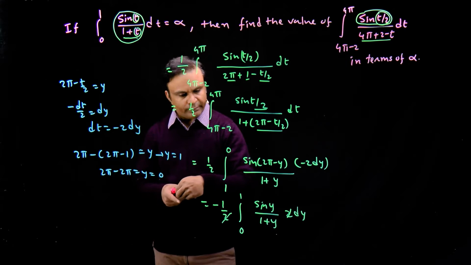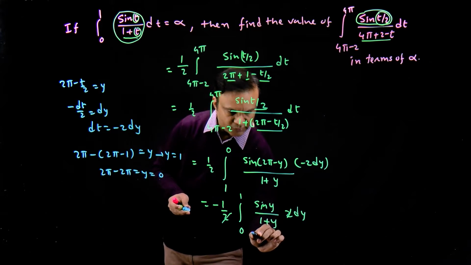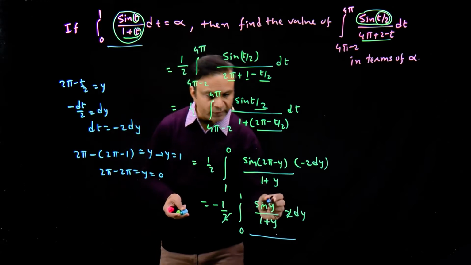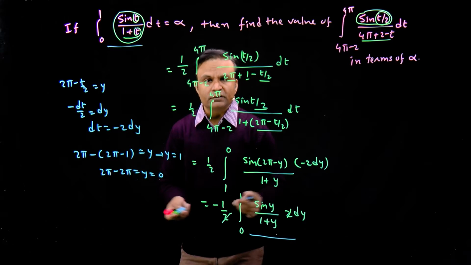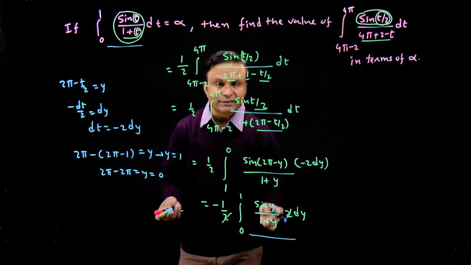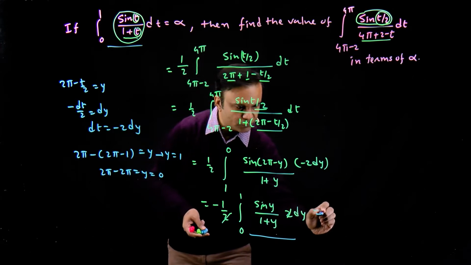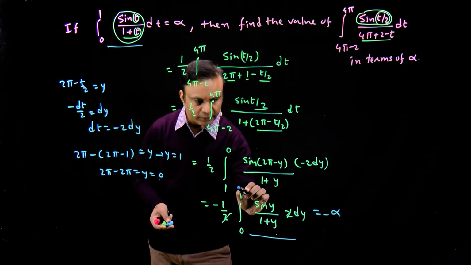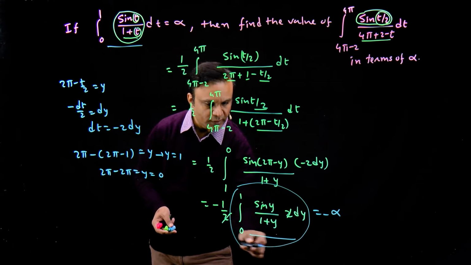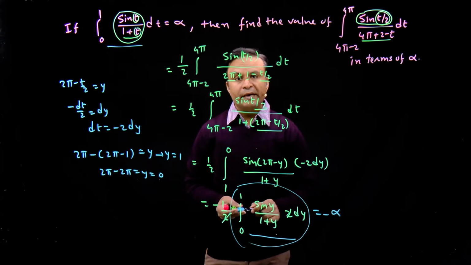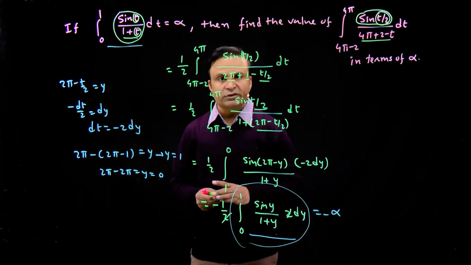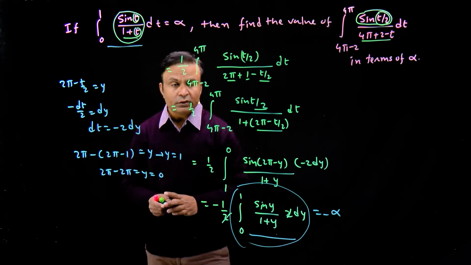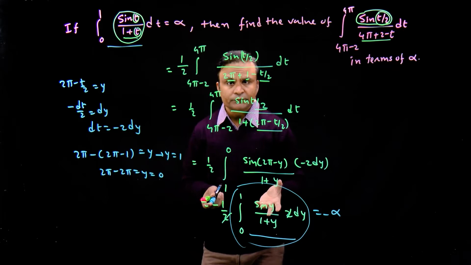Okay, now you can match this integration with this. Here we have dummy variable t and here we have dummy variable y, otherwise the function is same. So this is actually minus alpha. Here we have minus sign and this value is alpha. So the answer is minus alpha. So again in this question we got this value in terms of the given integration value without integrating.